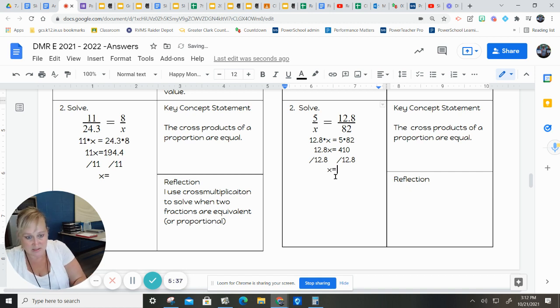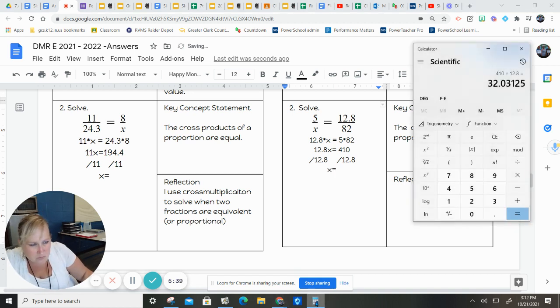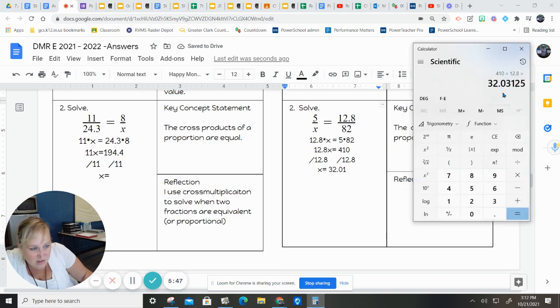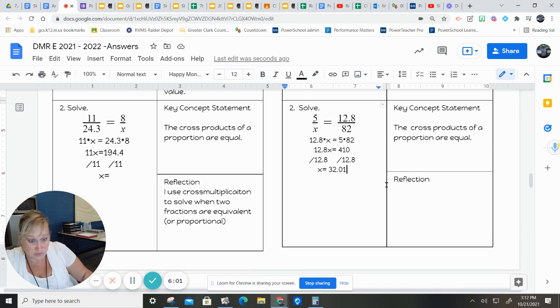So x equals 32.03125. 32 point tenths, hundredths, thousandths, 10,000ths, 100,000ths. So it's 3,125 100,000ths. I'm not going to do good to remember that. So 3125. There we go.